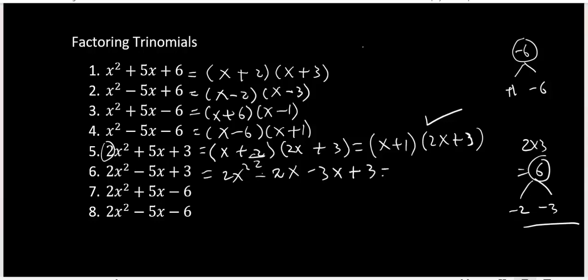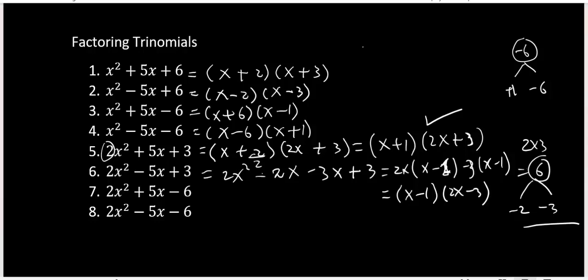And by grouping now, you factor out 2x, you get x minus 2, and then -1 will give, -3 will give you x minus 1. And then when you combine, you get x minus, oh, I'm sorry, I have a 2 here, right? It should be 1. So then x minus 1 and then 2x minus 3. So that's the answer.